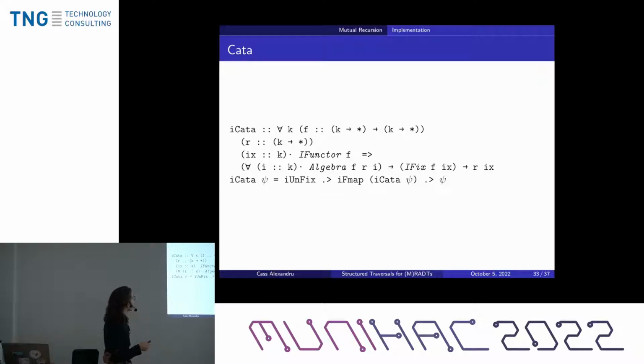It's basically the same as the original definition, except that the algebra now needs to be polymorphic over the index type, and it'll go from the fixed point at the index x to the return type at index x.